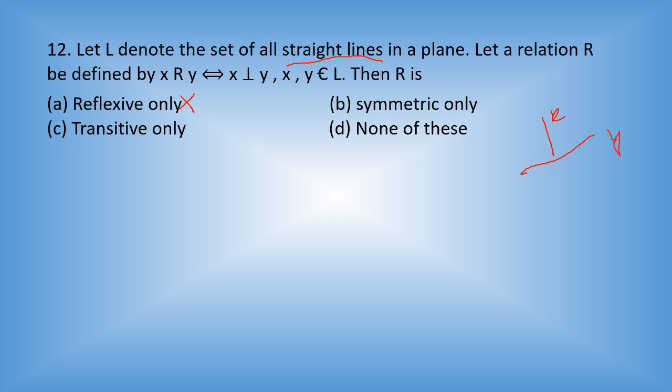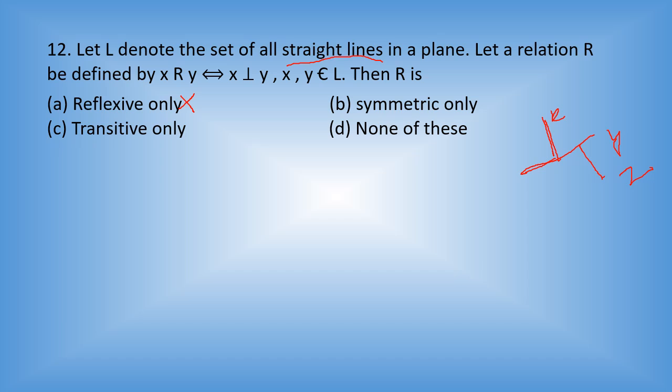Next one. A line may be perpendicular to any other line. x is perpendicular to y and clearly I can say that y is perpendicular to x. So this is symmetric. Now we have to check whether this is symmetric only or whether it also satisfies transitivity. So x is perpendicular to y and y is perpendicular to some other line, I'll take z. x is perpendicular to y, y is perpendicular to z.